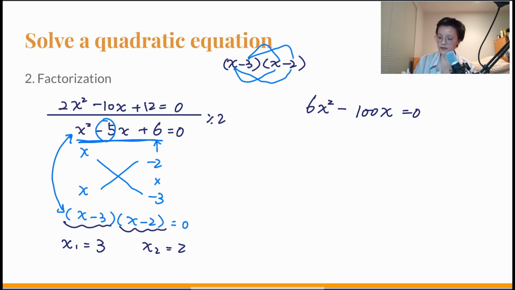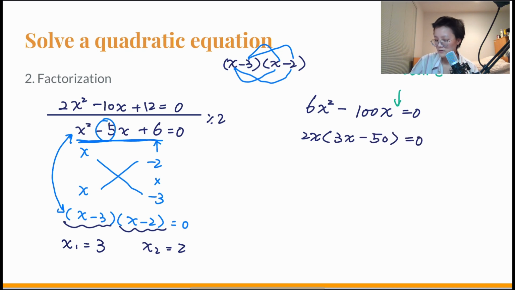Let's do another practice. Here, you will find that in this case, we are missing the constant c. We don't have the constant c in this equation. So this is the case when factorization is the most useful. You can either factor out 2x, so that will give you 3x minus 50 equals 0.